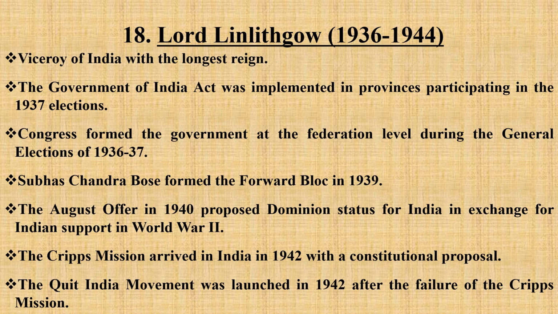Subhas Chandra Bose formed the Forward Bloc in 1939. The August Offer in 1940 proposed Dominion status for India in exchange for Indian support in World War II. The Cripps mission arrived in India in 1942 with a constitutional proposal. The Quit India movement was launched in 1942 after the failure of the Cripps mission.